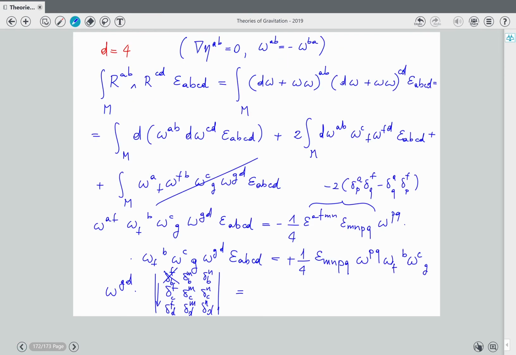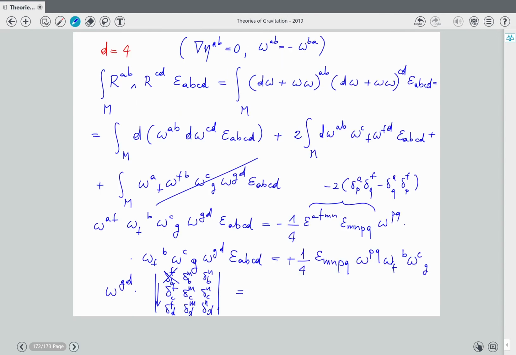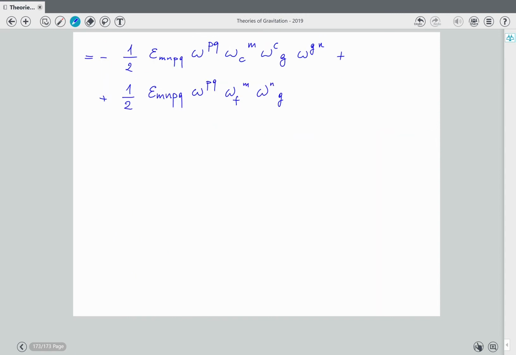Delta FD, delta MB, delta NC, and the last one is omega GD, delta FB we said. Okay, those two.